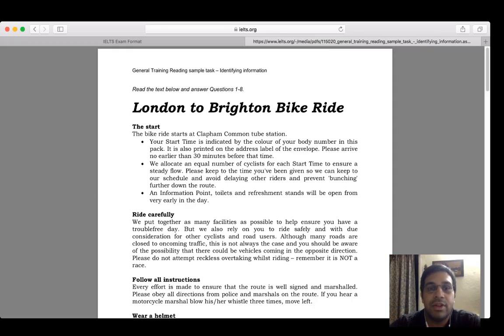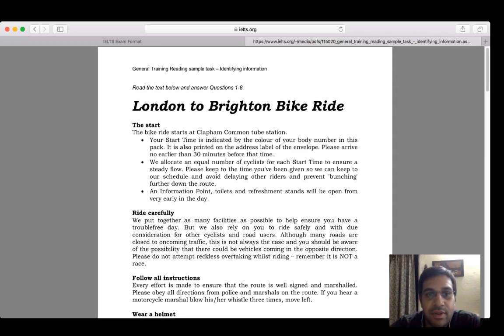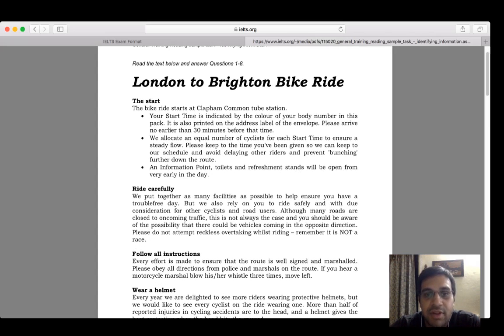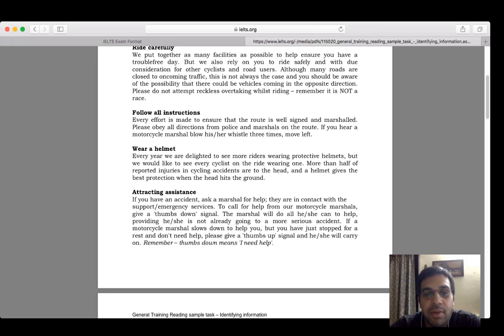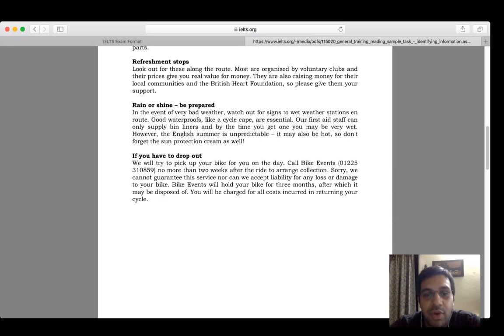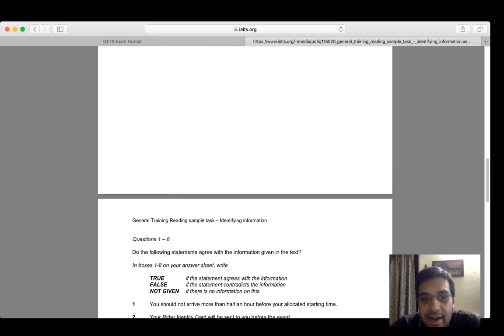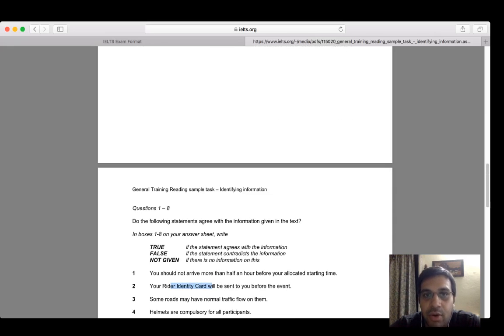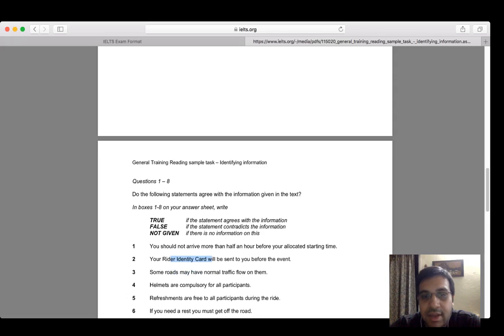There are a lot of things mentioned, so even if you do not remember whether this point about identity cards was given in the passage or not, you can quickly skip this question and move on to the next one.